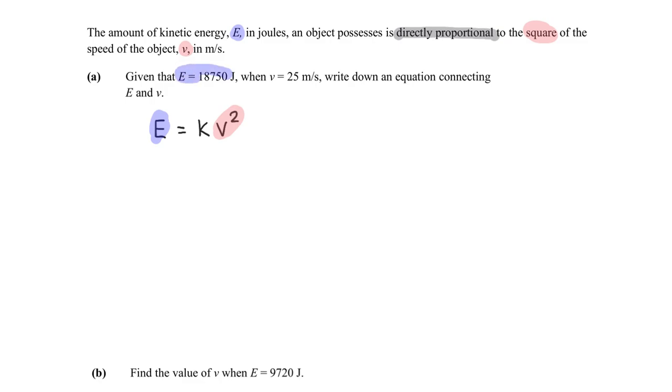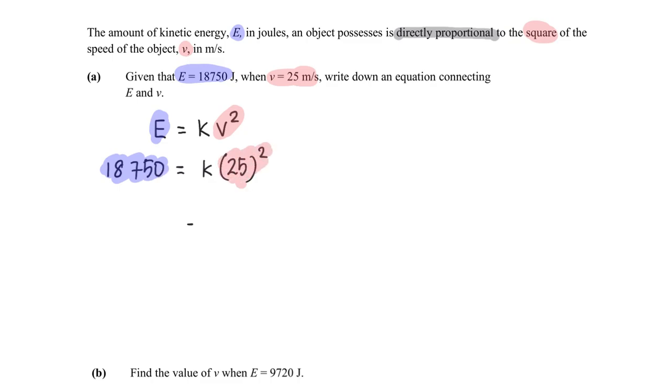And we are also given two values. These two values allow us to find the value of K. How? By substituting it literally. So I will have 18750 equals K times 25 square. Okay, so this is my blue and this is my red.